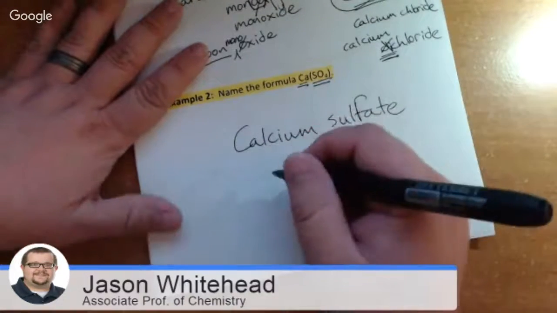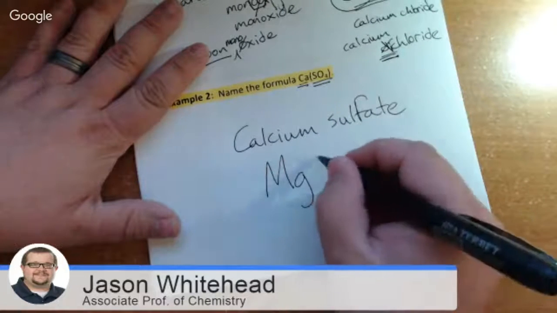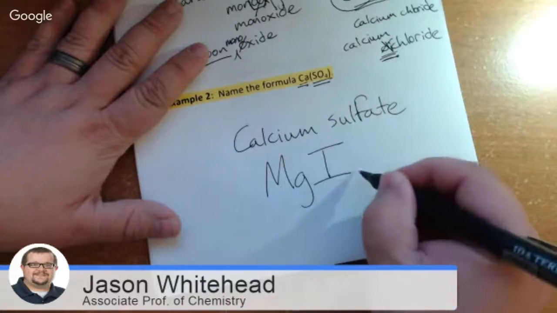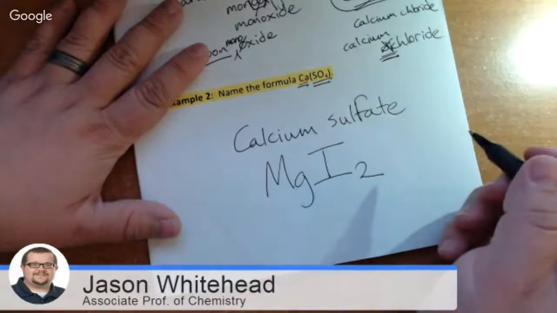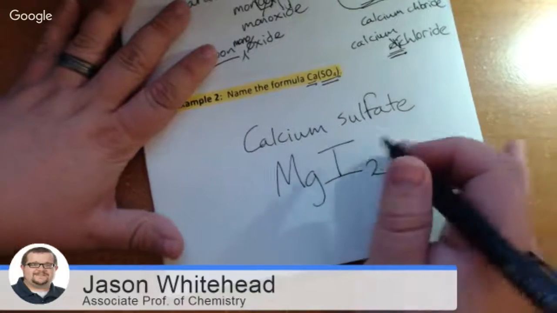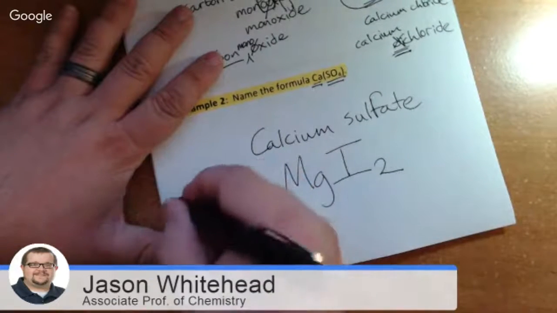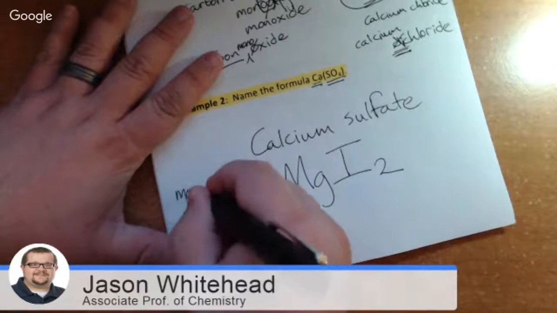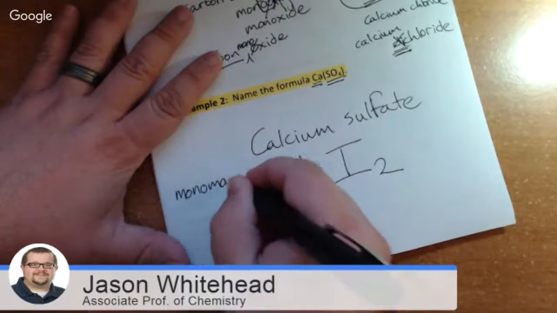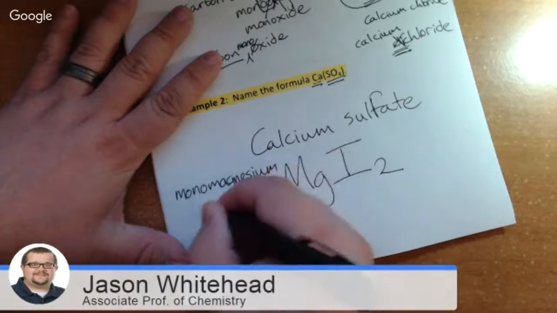I want you guys to try something. Let's try naming MgI2. I'll give you some choices. Choice 1, monomagnesium iodide.